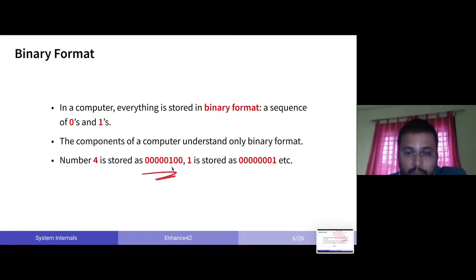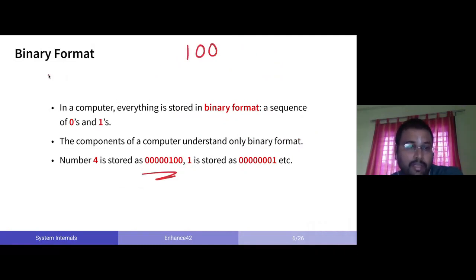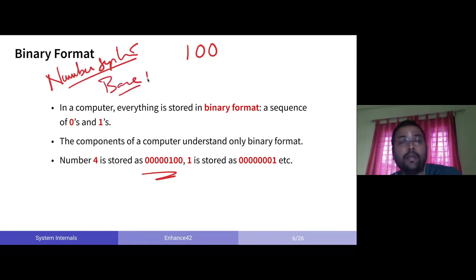Now when you come to the binary one, every number system has something called a base. Base 10 is decimal, base 2 is binary, base 16 is hexadecimal. So if it is base 2, then you will say 2 power 0, 2 power 1, 2 power 2.